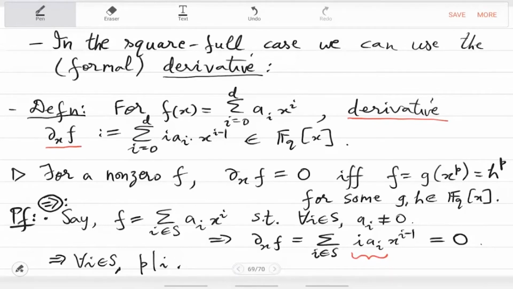So all these a_i by definition are non-zero. The only other case is when f is absolutely 0. But then obviously f is 0, which is a function of x to the p. In all other cases, there will be this support S, and here i will be forced to be divisible by p. So that gives you the definition of g.